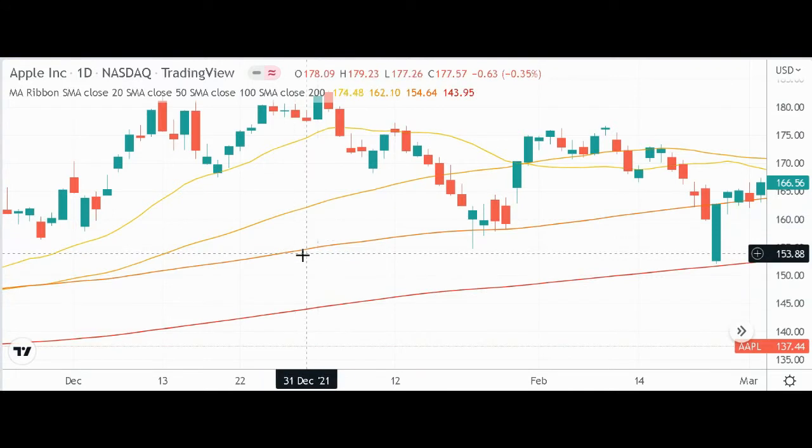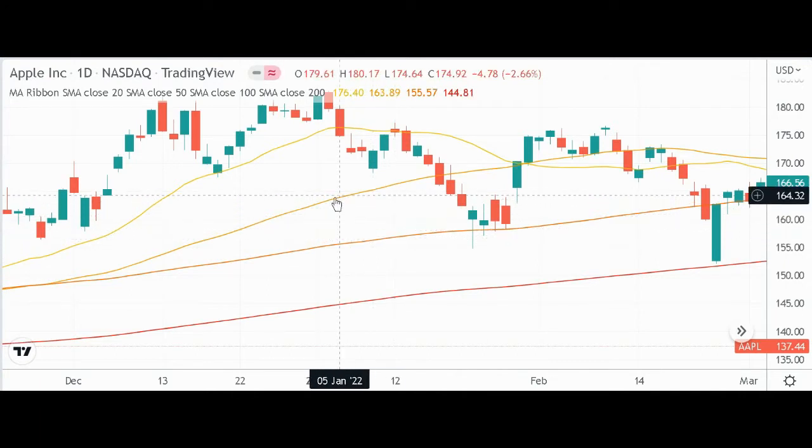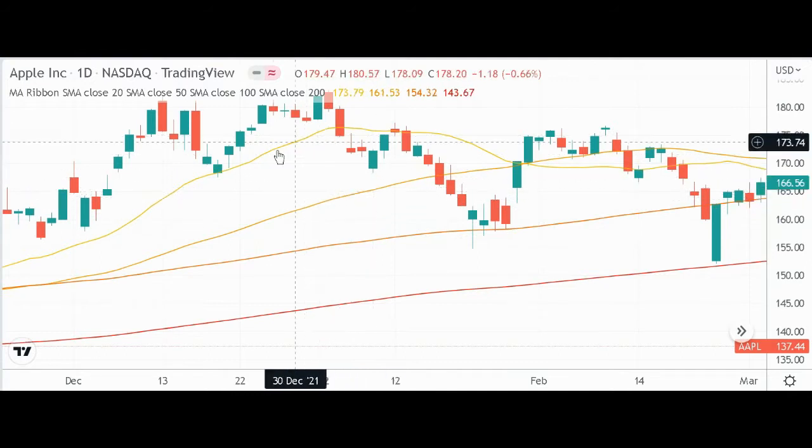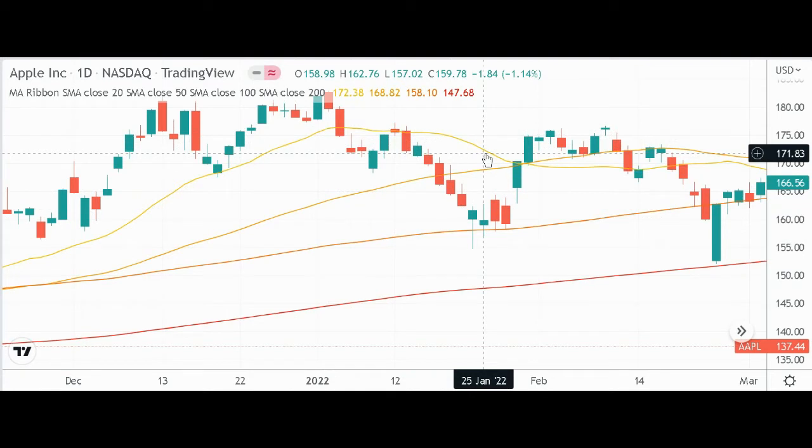Then the 100 period SMA, simple moving average in orange here, it's a little bit more reactive, reacts a little faster. And then you got the 50, which is in brighter orange, and then the 20 SMA, which reacts pretty quickly, okay? So as you can see, the candles go down, the 20 goes down with it, okay? It's the fastest reacting one.